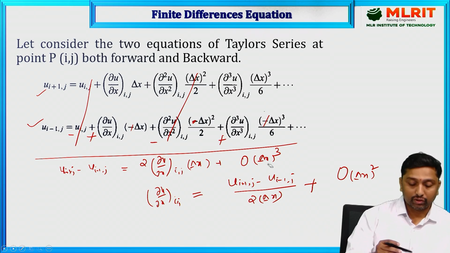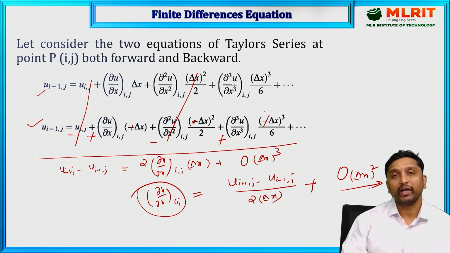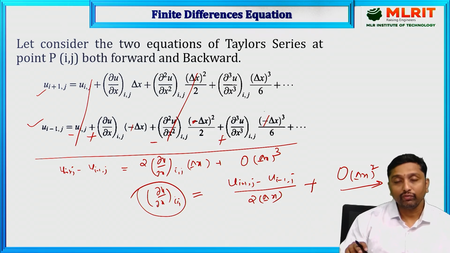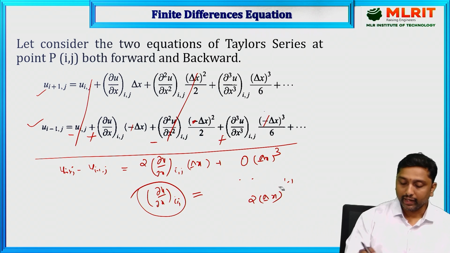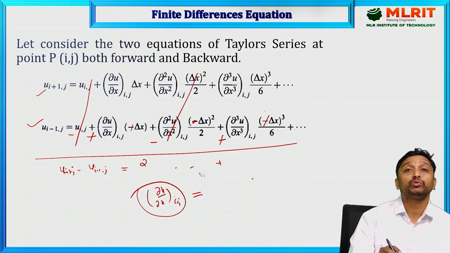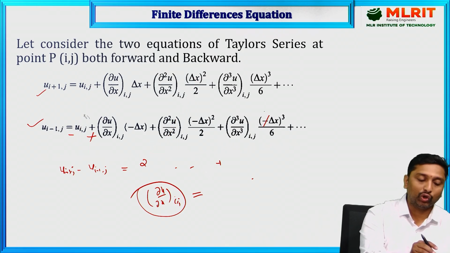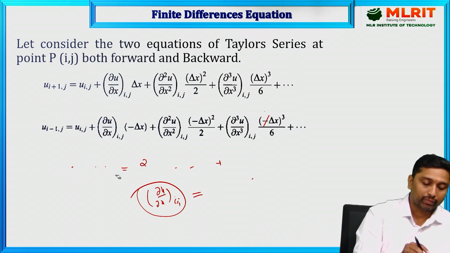So if you observe, for the same ∂u/∂x, we are getting higher order of accuracy, that is second order of accuracy. So accuracy of solution is of second order, and this we call central difference method, since we are using both right hand as well as left hand side of the point to develop this particular equation.